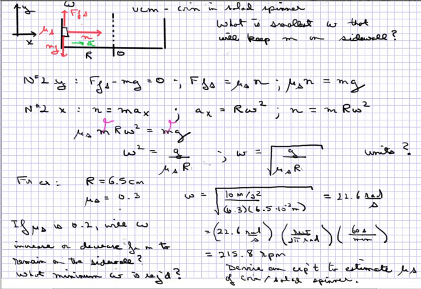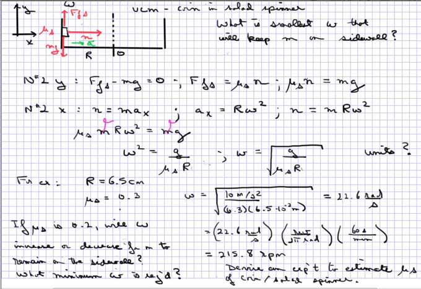I'm going to write a Newton number 2 in the y direction, which says that the static frictional force minus the weight is equal to 0. And then we can substitute for the frictional force mu sub s times N. And so this would then give me mu sub s times N is equal to m times g.